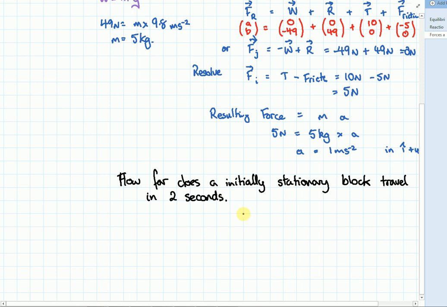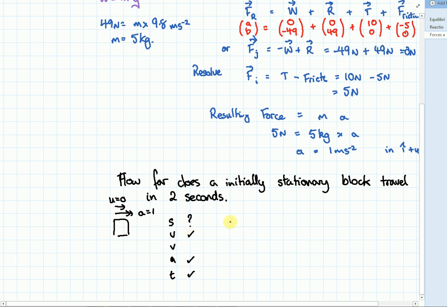And we now have an a. We think about our situation. We've got u is 0. Acceleration that we now know is 1. And we know it's going over time t. We know the acceleration, we know the time, we know the initial velocity is 0, and that's what we want to work out.